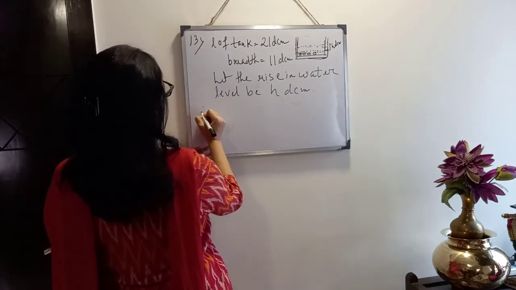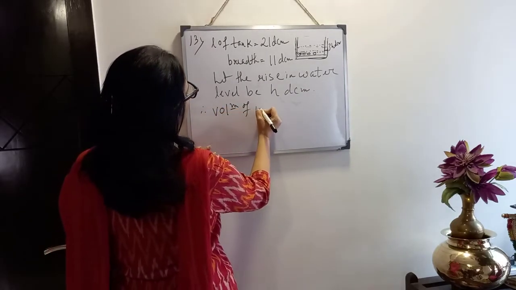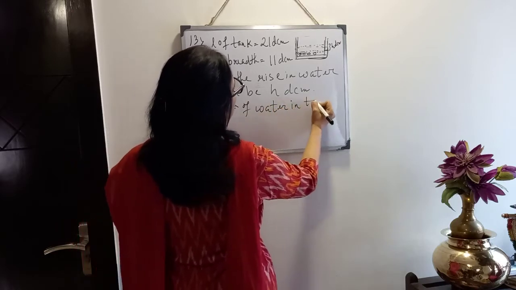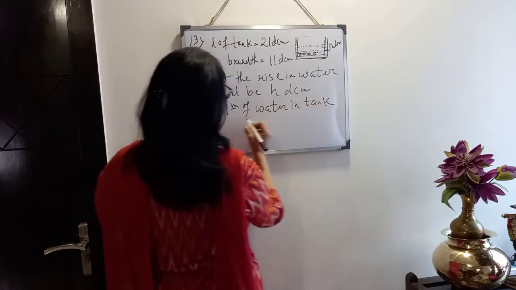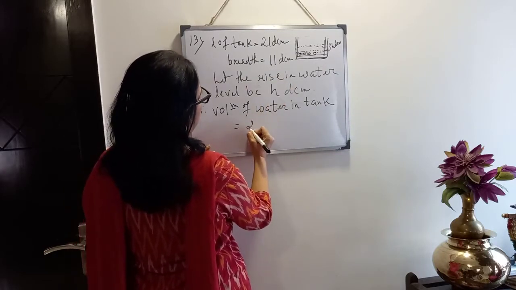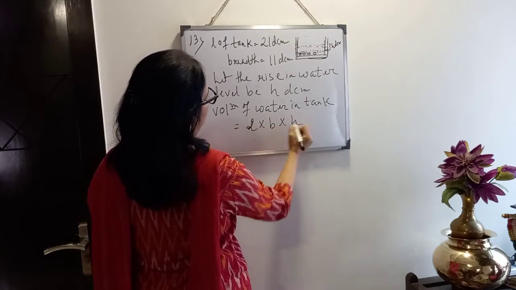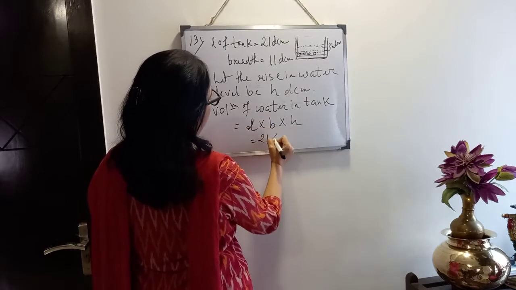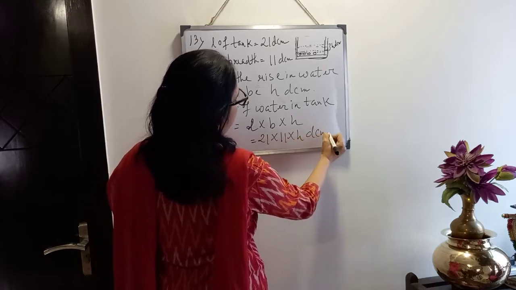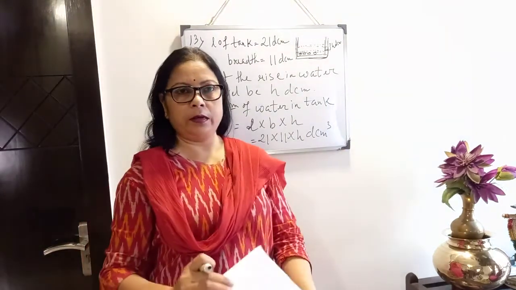Therefore, volume of water in tank is length into breadth into height. First I am writing the formula, length into breadth into height. That means 21 into 11 into 8 decimeter cube. Clear? This is clear, I think.